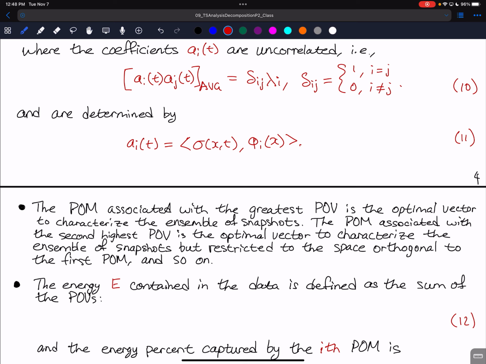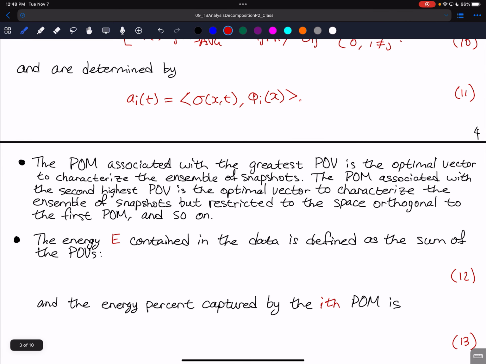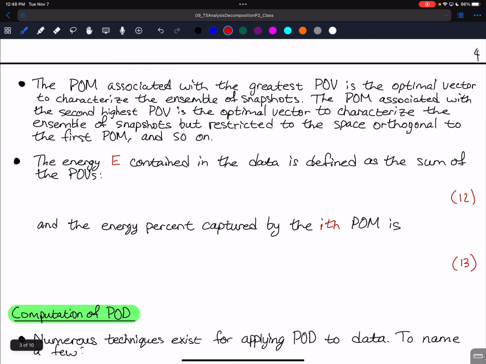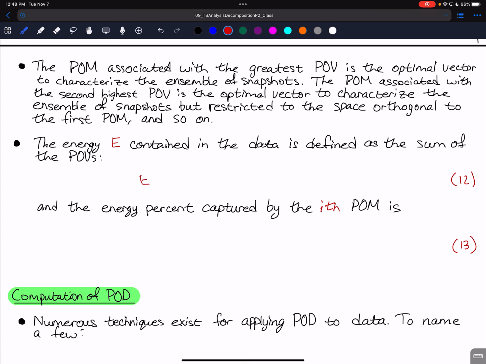Another thing you can characterize is the energy contained in the data, and it is defined to be the sum of all of the proper orthogonal values. We'll say that E is equal to the sum from j equals 1 to infinity of lambda_j, written in shorthand as the sum over j of lambda_j.